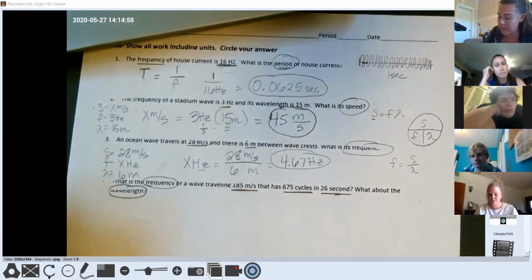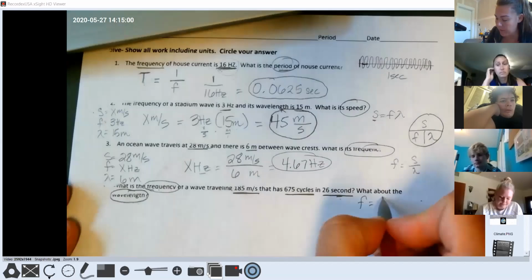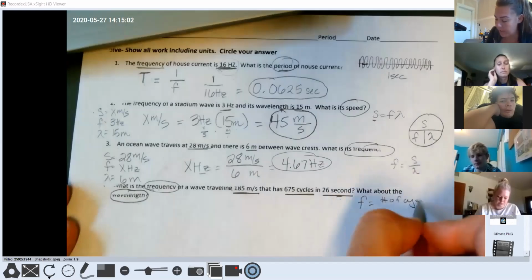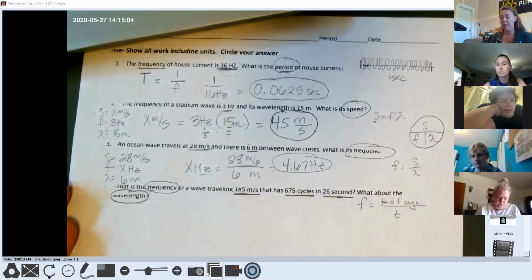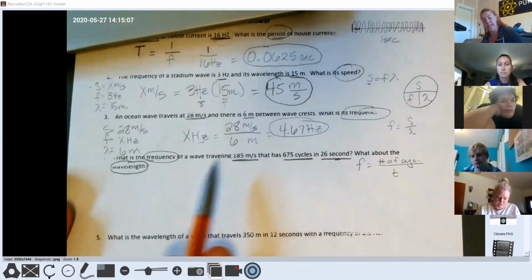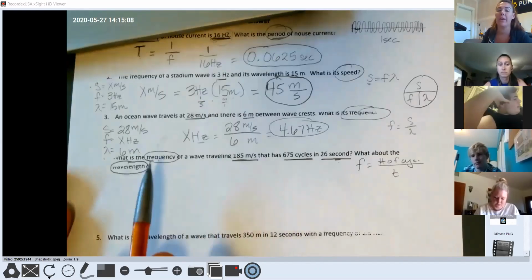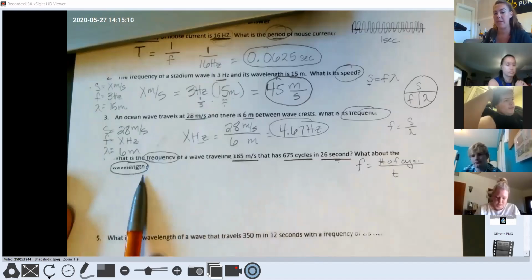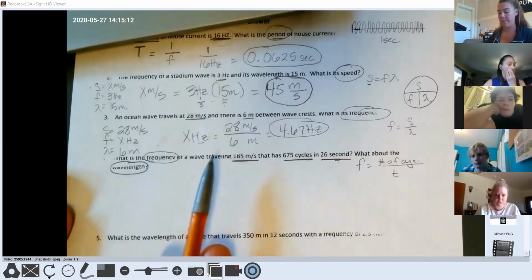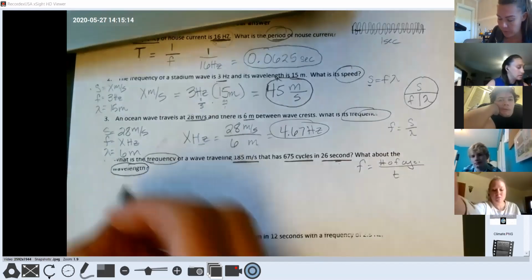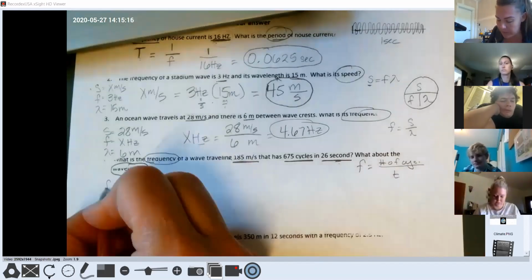So I'm going to use that frequency equals number of cycles divided by time to solve for frequency first. And then I believe with that information, I can find wavelength because I'm given speed and I'll have frequency. Okay, so for the first one, to get frequency, we need frequency, number of cycles, and time.